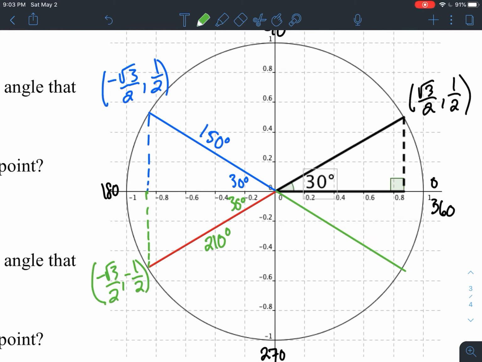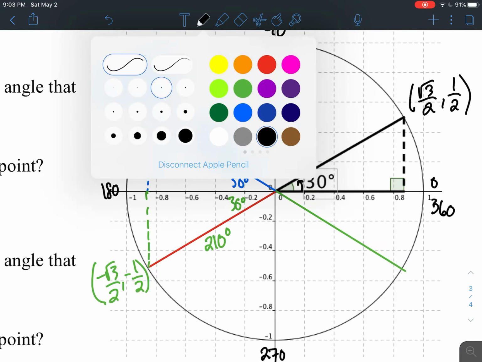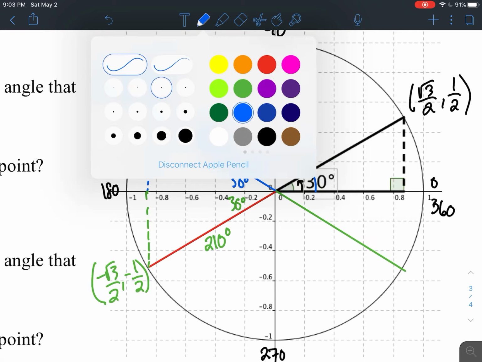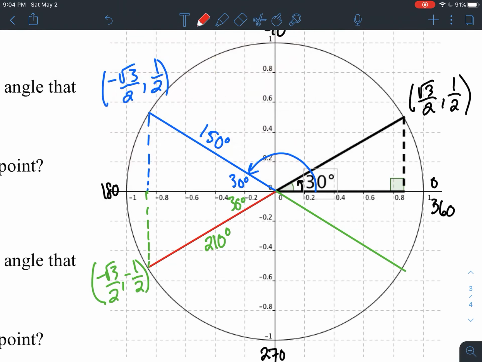And again, 30 degrees is right here. 150 is there. Oh, I did my colors wrong, didn't I? My red one, which is 210, is all the way here. Yeah, I did that wrong. That's all right.